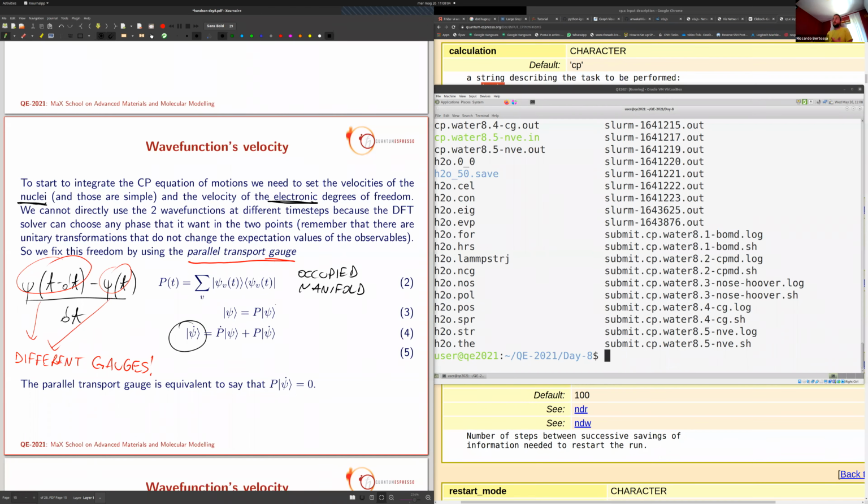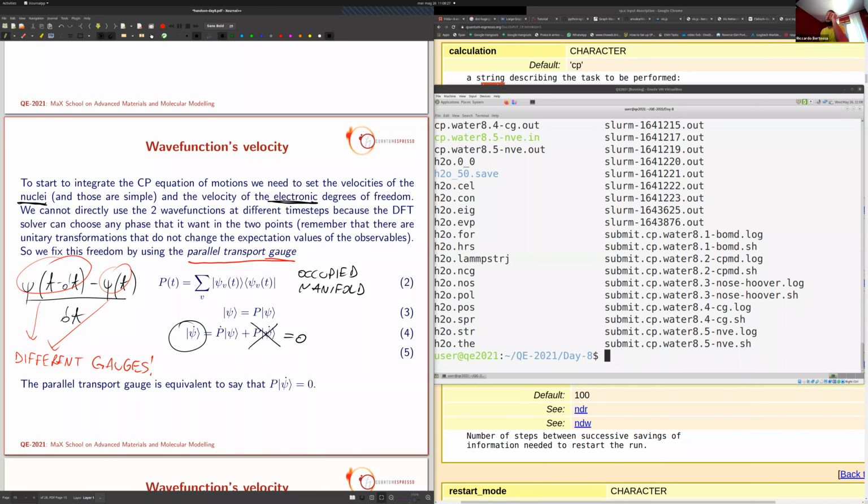I've written nothing new here. Now let's do the derivative. I take the derivative of the projector, times the wave function, and the parallel transport gauge, which I will not explain here in detail, is equivalent to saying I define this term as equal to 0.